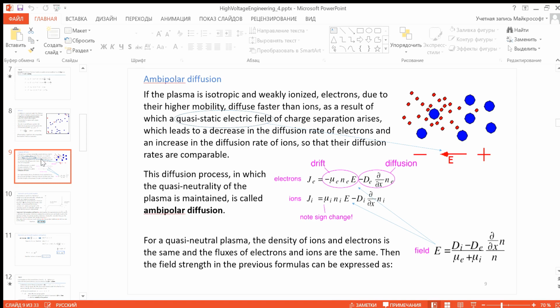It leads to a decrease in the diffusion rate of electrons and an increase in the diffusion rate of ions, so that their diffusion rates are comparable. This diffusion process, in which the quasi-neutrality of plasma is maintained, is called ambipolar diffusion.